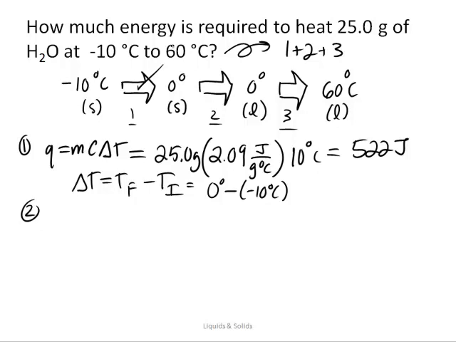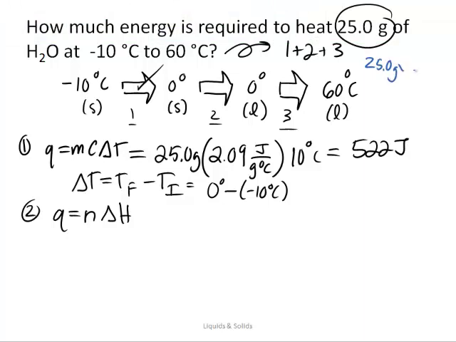Our second calculation will involve the energy needed to transition from solid to liquid. Okay, so we're going to need our Q equals n times delta H. Now 25 grams of water, we're going to calculate how many moles that is. So 25.0 grams times 1 mole over the molar mass of water, which is around 18.0 grams.